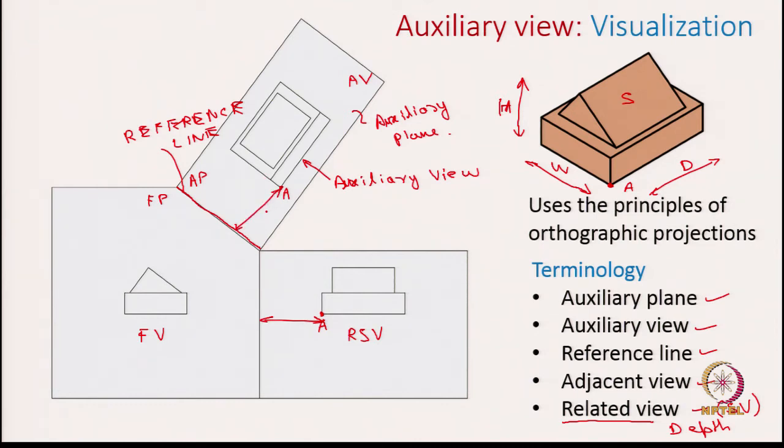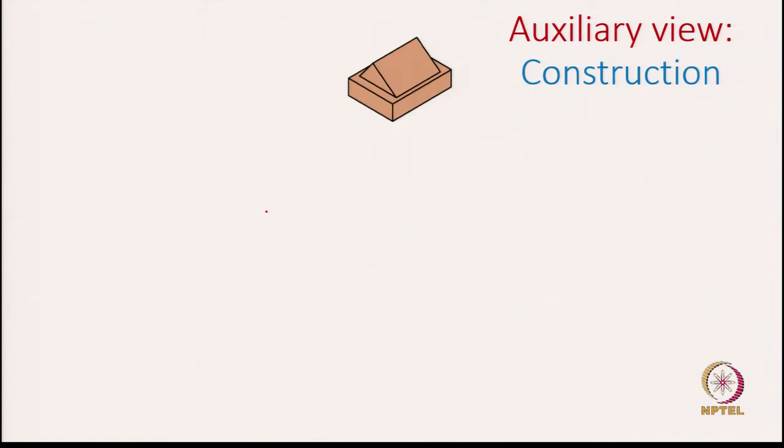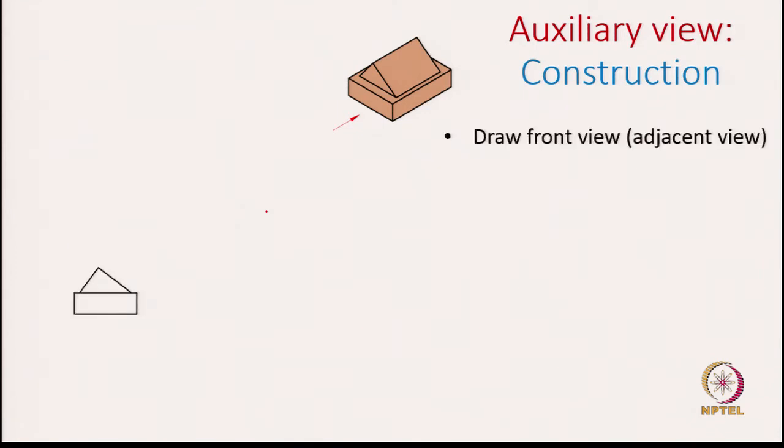Okay. So, now let us look at step by step how to construct these auxiliary views. So, again the same example. So, this arrow shows the front view. So, first thing we do is draw the front view, which we now call the adjacent view, and then I use the reference line.